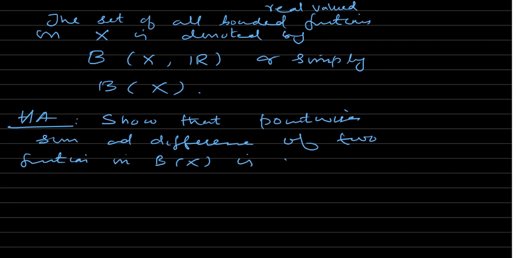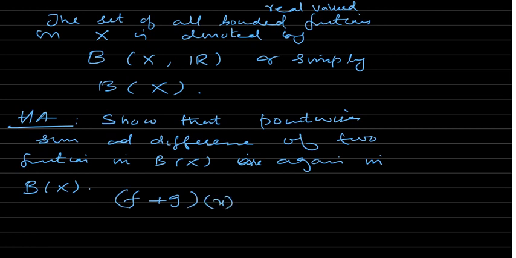So B(X) is closed with respect to sum and difference actually. Sum means if you take two functions, you define f plus g like this, (f+g)(x) is f(x) plus g(x), and this is well defined because f(x) is a real number, g(x) is a real number, it's a function from X to R.